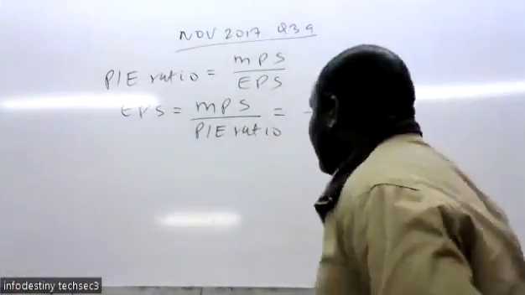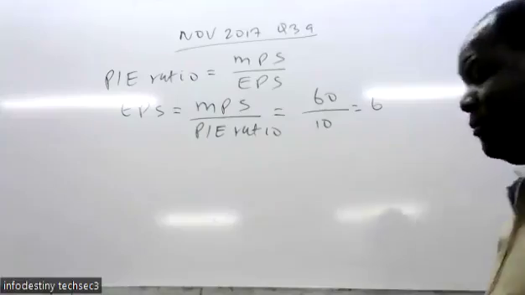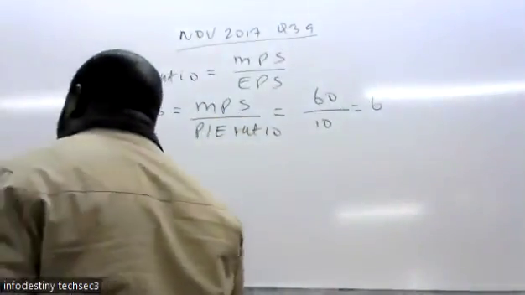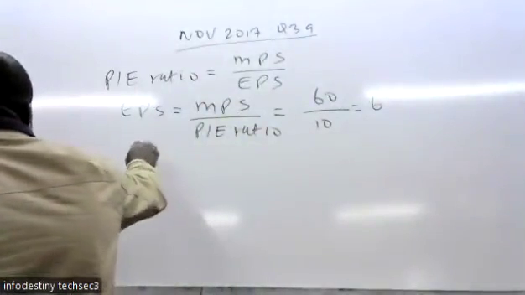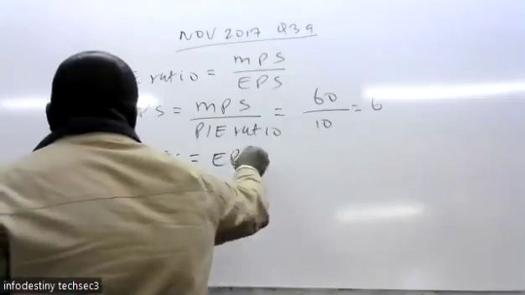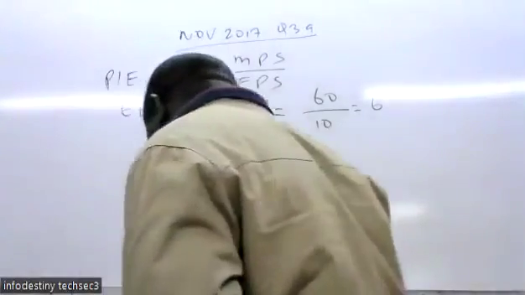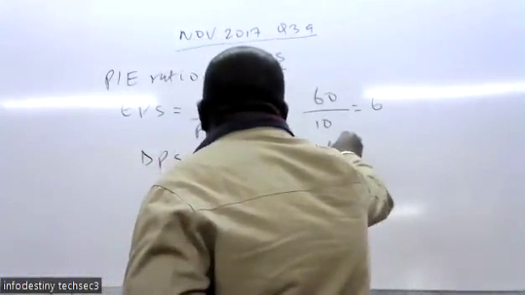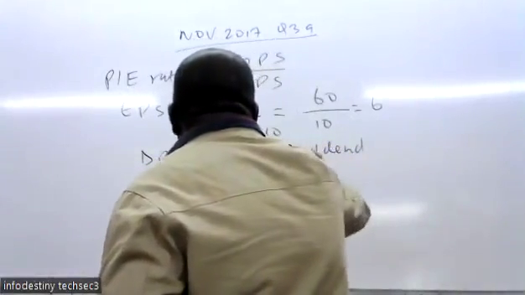After that, we should now be able to compute the dividend per share. It will be given by earnings per share multiplied by the dividend payout ratio.